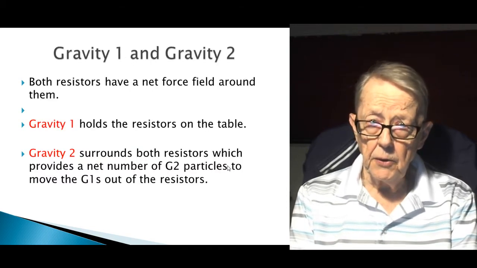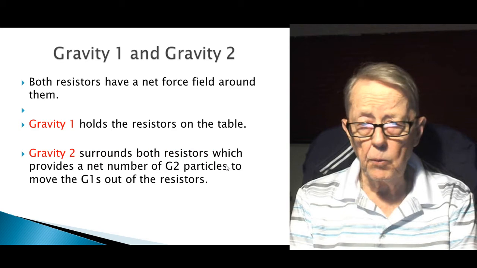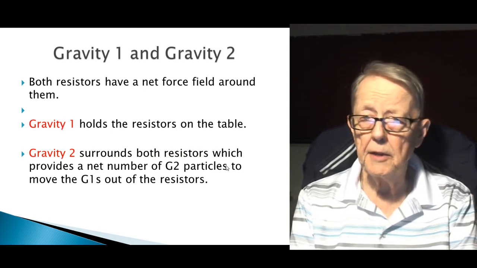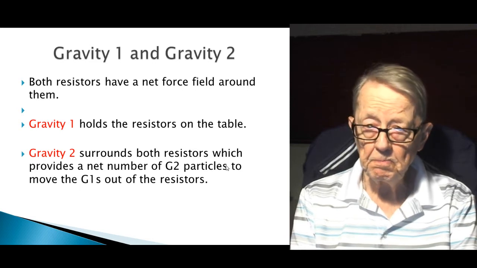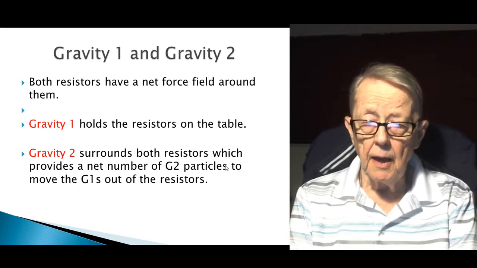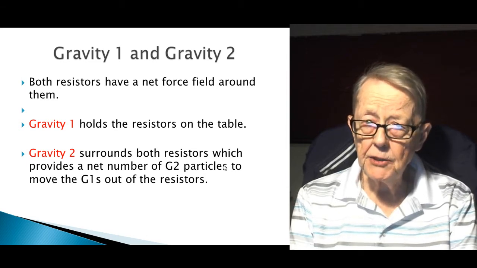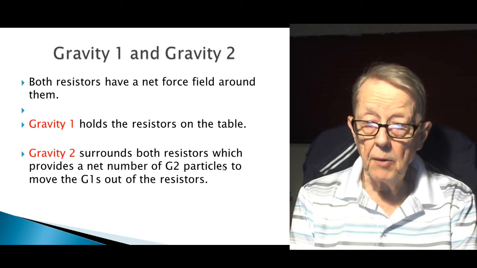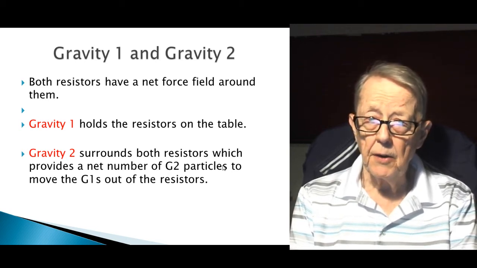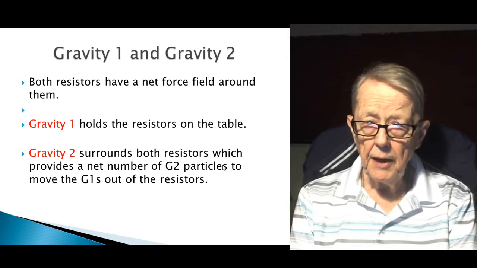Just as a review, way early in my presentations, I introduced the idea that there's two gravities. You can watch that video. And I keep suggesting that around every object, around me, around you, around those resistors, there is a net force field.